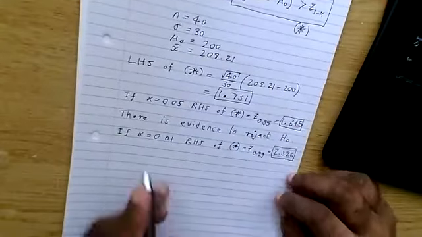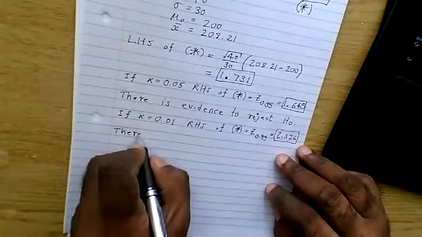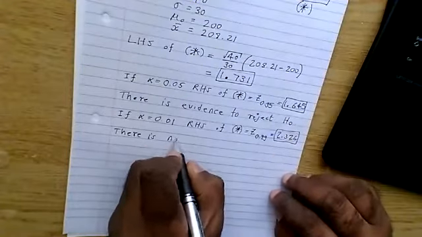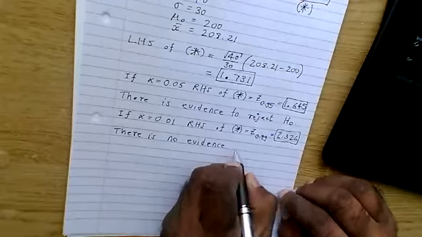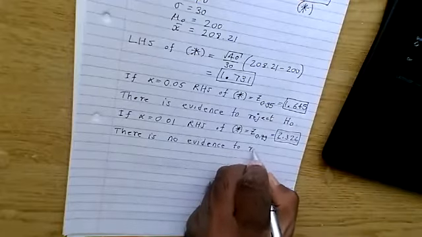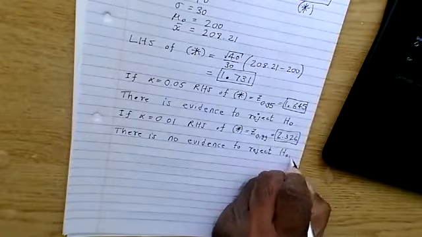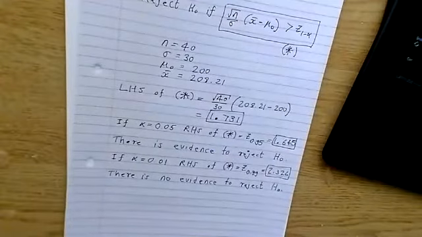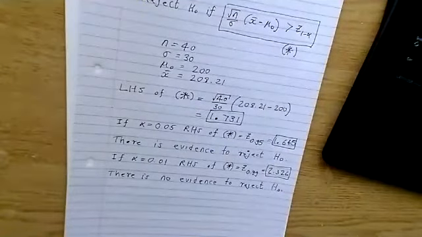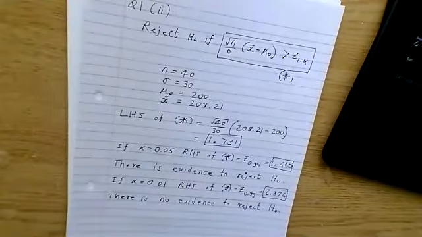So the conclusion here is that there is no evidence to reject the null hypothesis. So this completes part two of question 2.